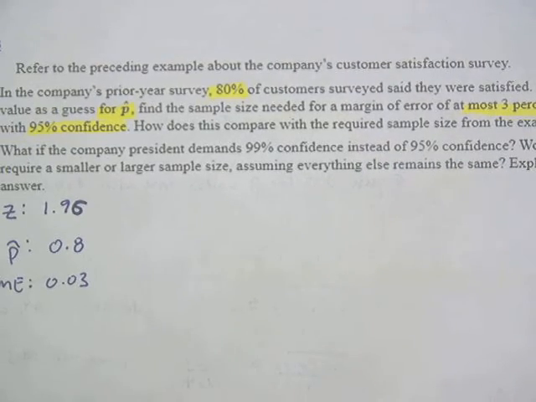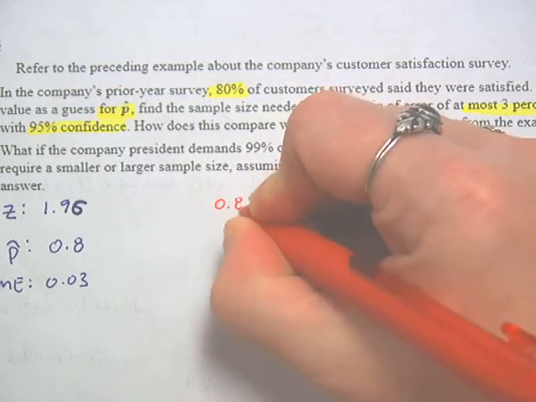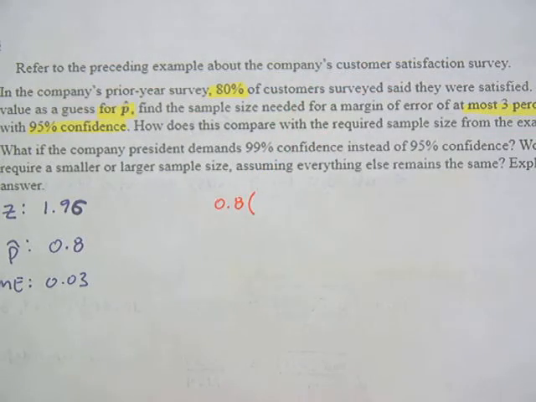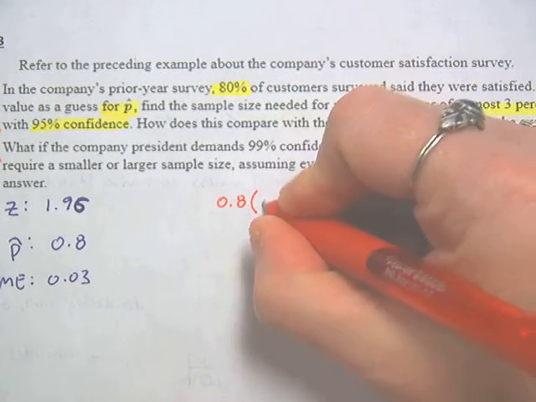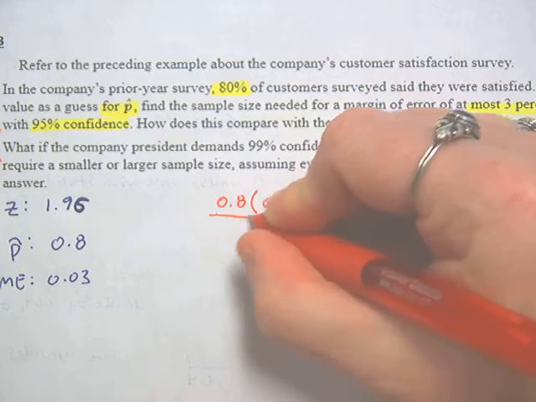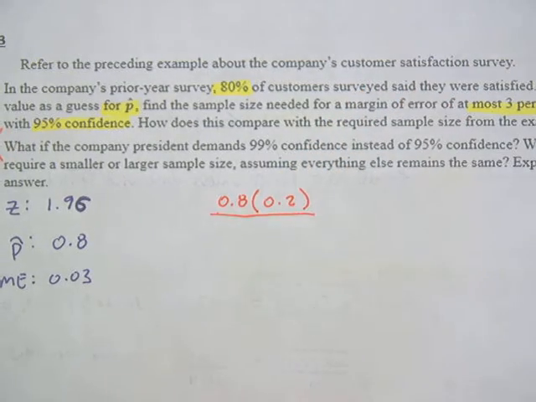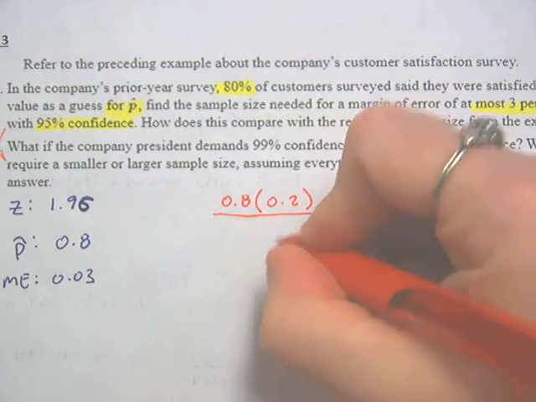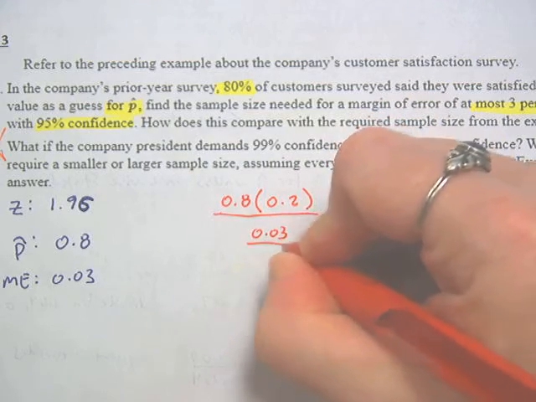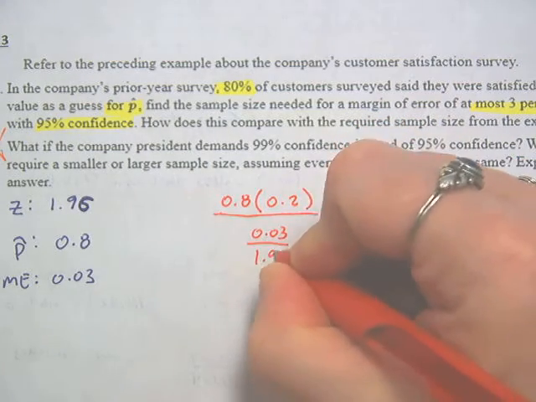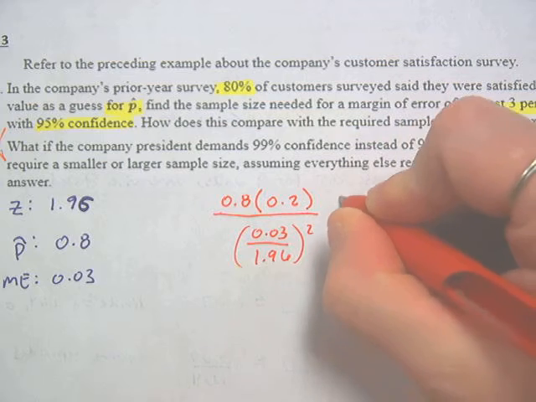Third time's a charm. Here we go. We've got p hat, which is not 0.5 anymore, so slow down a little bit if you put 0.5 times 0.5. It won't always be that way. If 80% is on the outside, 20% is on the inside. Margin of error, Z value, squared.